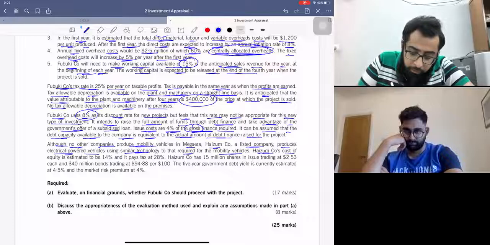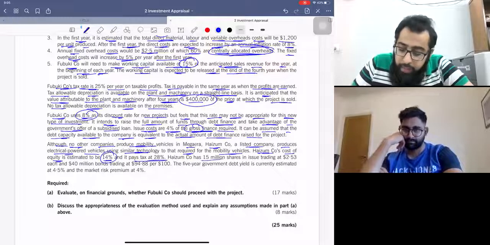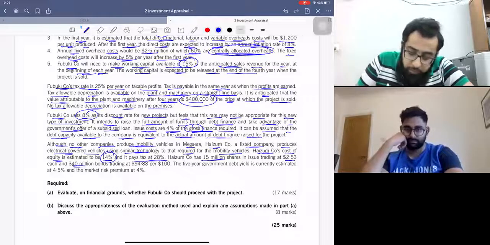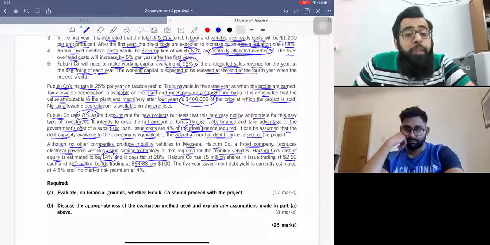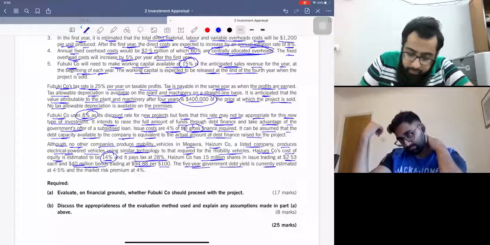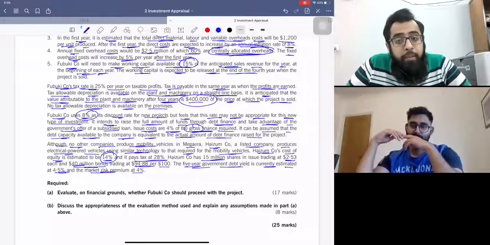Hyzem company's cost of equity is 14%, and it pays tax at 28%. Hyzem has 15 million shares trading at $2.53 and 40 million bonds trading at $94.88. The 5-year government debt yield is 4.5% and market risk premium is 4%.